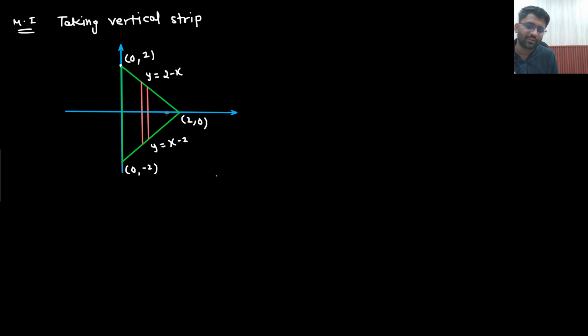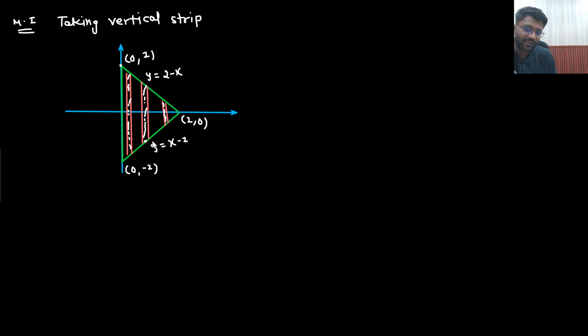Now if I move the strip, this strip will go here as well, and here as well, right? If you move it completely, you would know that y is going from x minus 2 to 2 minus x.